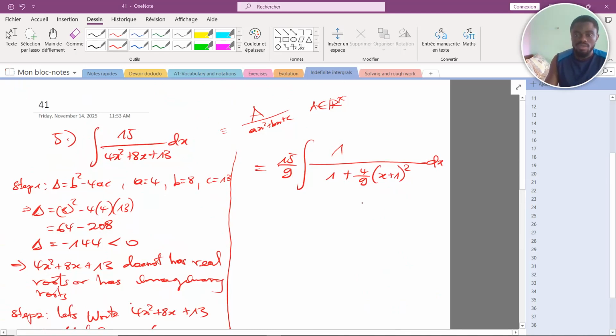Okay, now at this stage we are to bring all of this inside this square before doing our substitution. So I'll write this back as 15, and I can simplify some. 3 is common here, so 3 here 5 times and 3 here 3 times. So this simplifies to 5 on 3 integral of 1 all over 1 plus, I write this as the square root of 4 all over 9, all that squared, into (x plus 1) squared, dx. Very good.